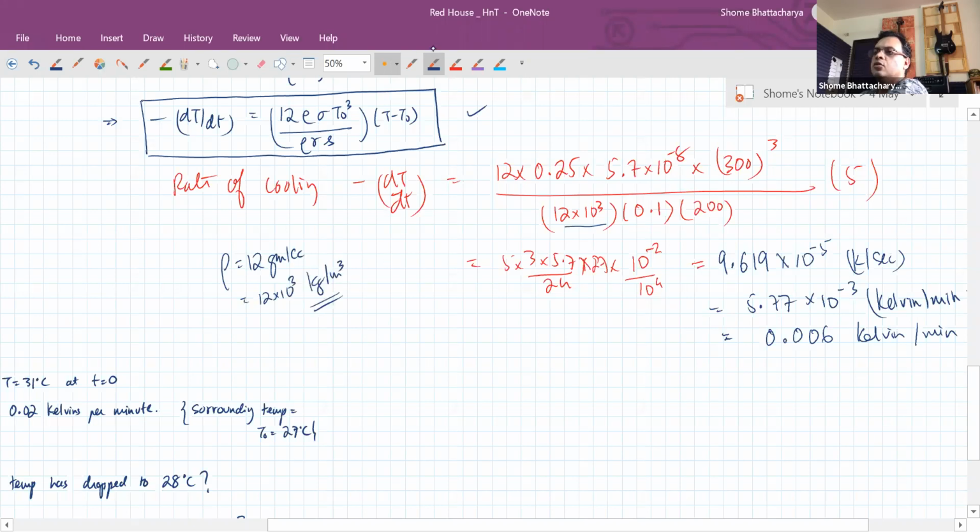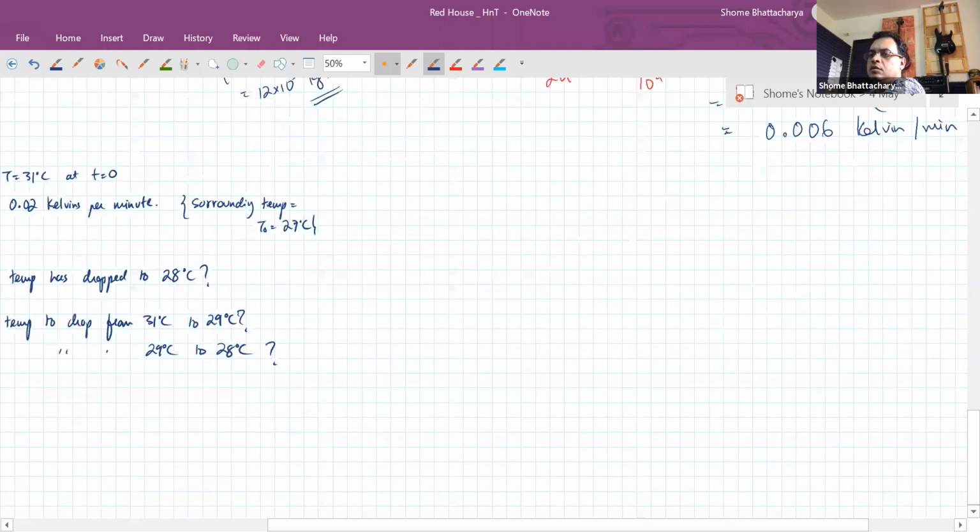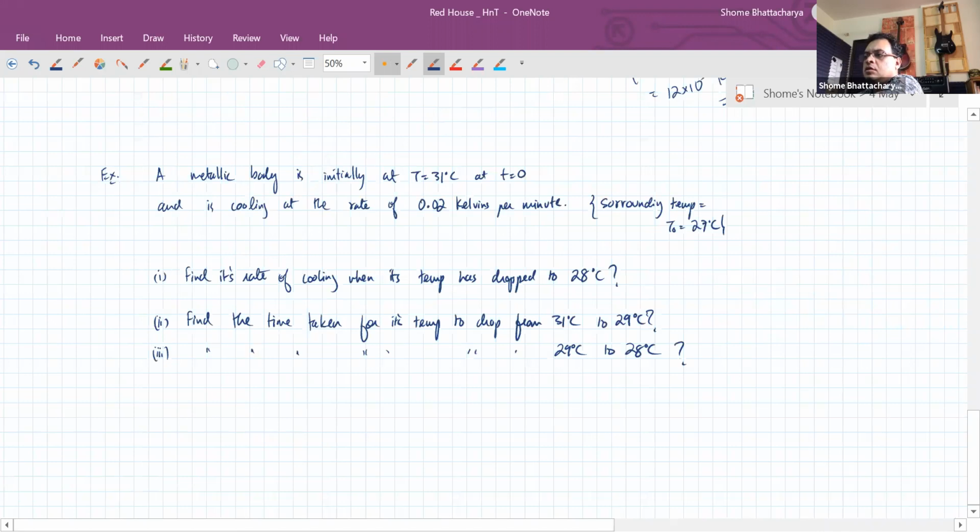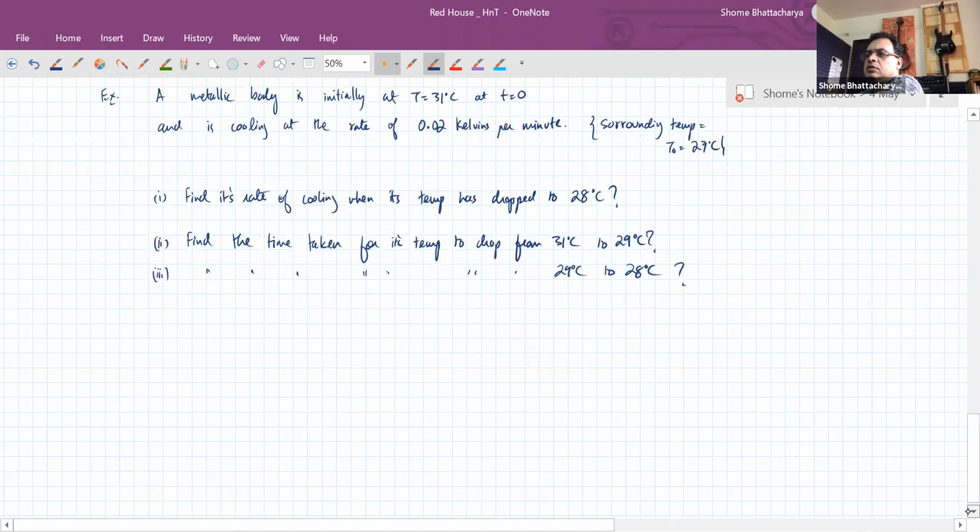So this is the SI unit. Hope this is clear. Oh, achha, you had written 22 by mistake. Okay, let's come to this question.